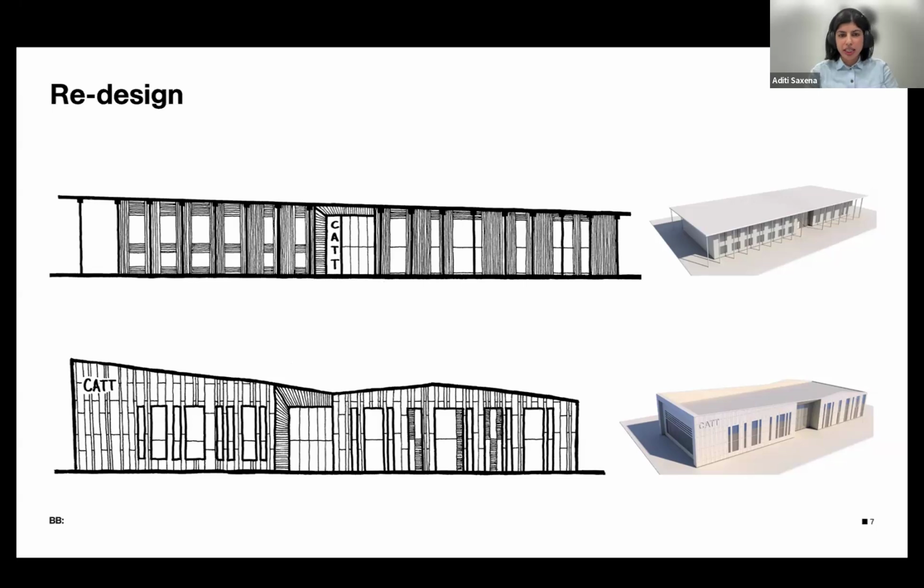Now, whilst we were doing that exercise, NMITE were also developing a scheme for a separate CAM building, so the Centre for Advanced Manufacturing, which was to be designed by others, but was to be built next to the CAT and built concurrently with the CAT as well. But whilst we were having discussions with the client, it became clear that the budget was quite tight to be able to achieve both, and the client's aspirations for both buildings would be difficult to achieve within that budget.